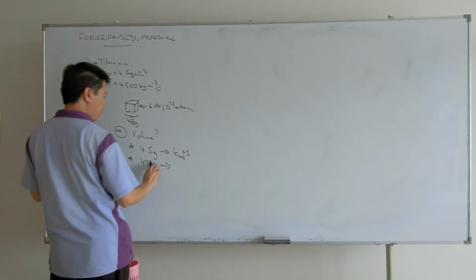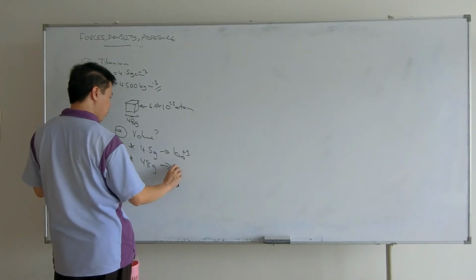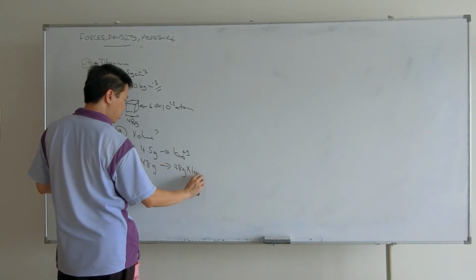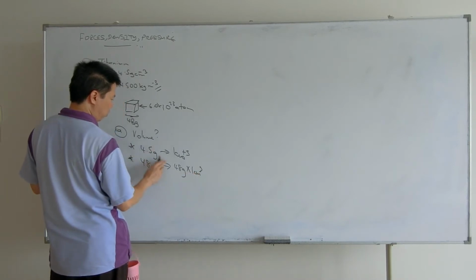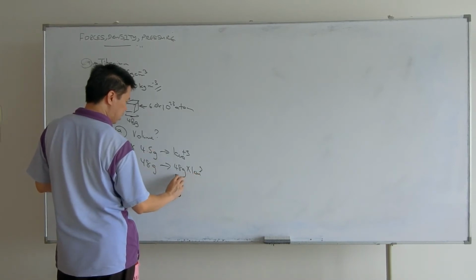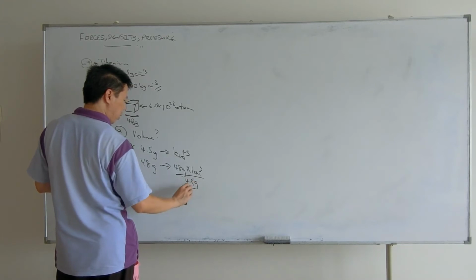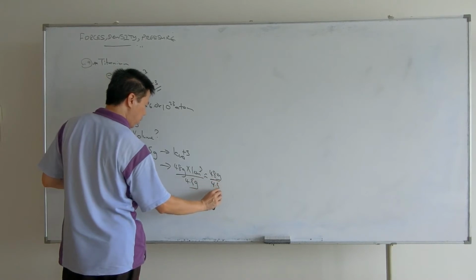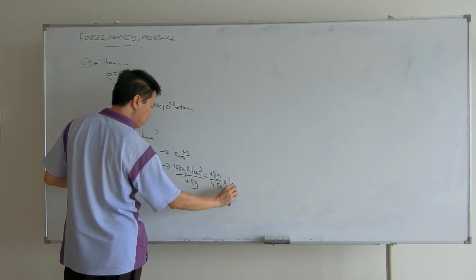Those of you who are not familiar with cross multiplication, you use 48 grams, the cross, times 1 centimeter cube, times 4.5 grams, in this case, times x. I prefer to write it as 48 grams over 4.5 grams times 1 centimeter cube.